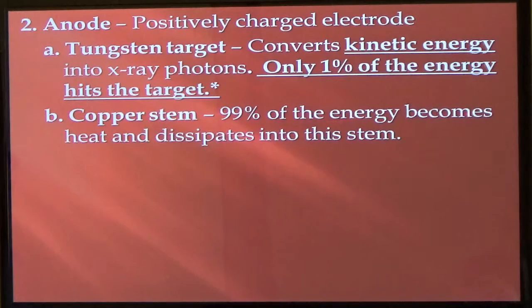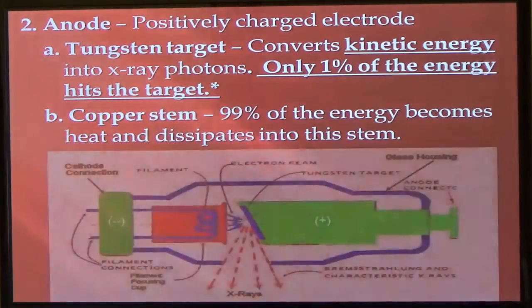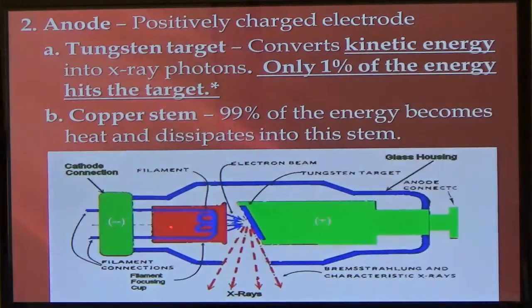The other 99% just dissipates into heat. If you're shooting 1,000 here, or 100, only one of them is going to bounce off. The others get absorbed in this green area here. It just kind of heats up. So that's why you need a lot of energy to get good X-rays.